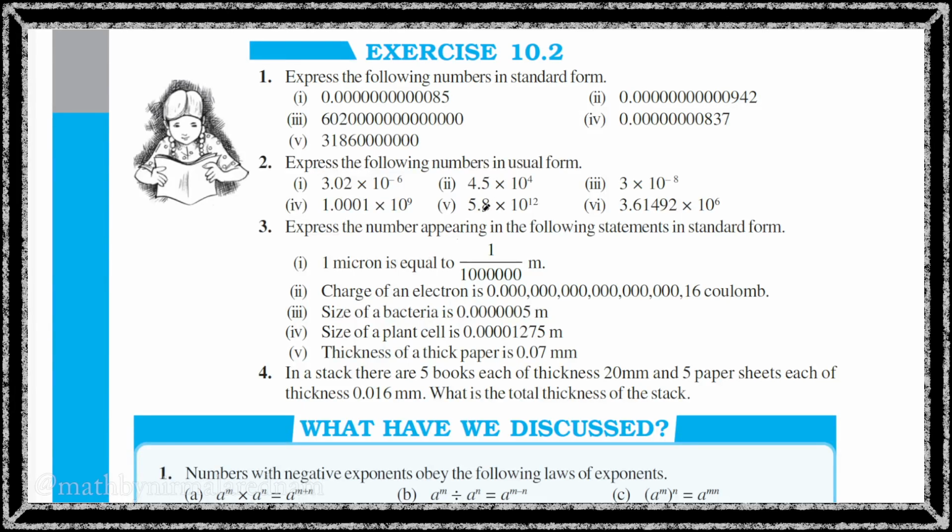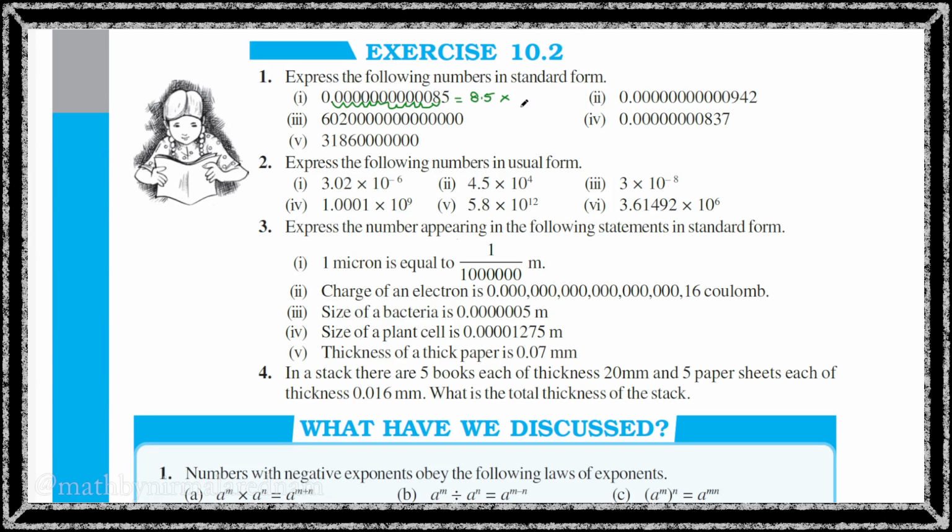Now let's look at the exercise. Express the following numbers in standard form. So this can be done here itself. 8.5 into, okay, how many places have I moved? 1, 2, 3, 4, 5, 6, 7, 8, 9, 10, 11, 12.